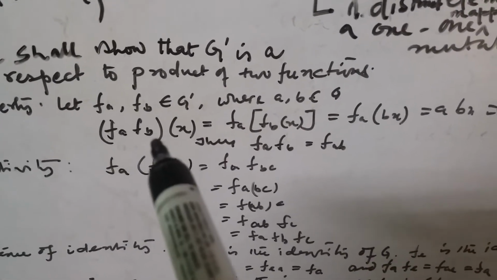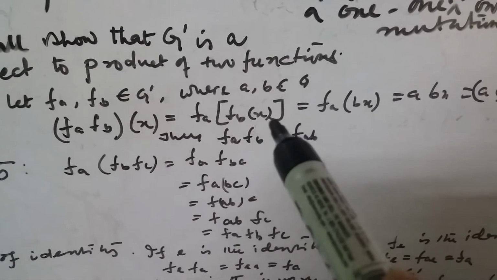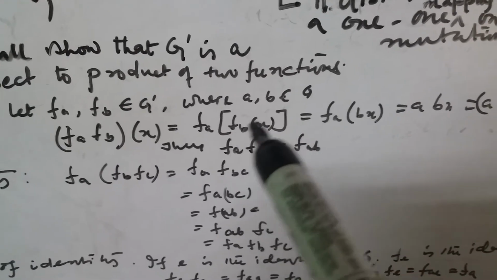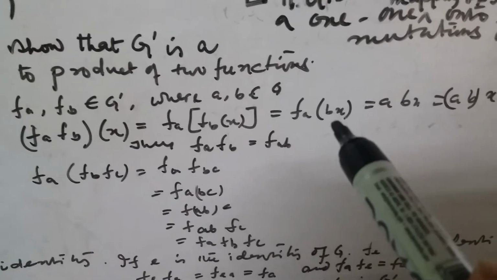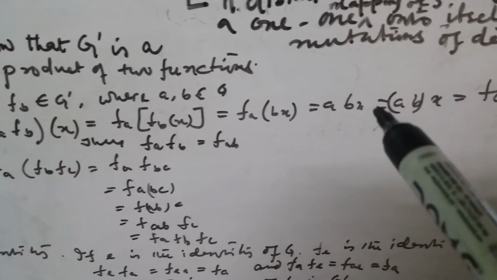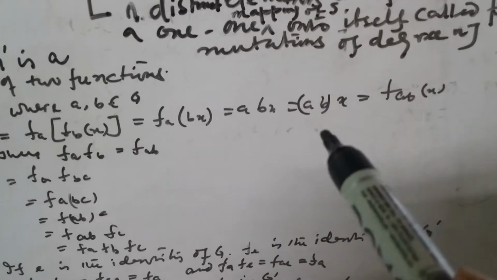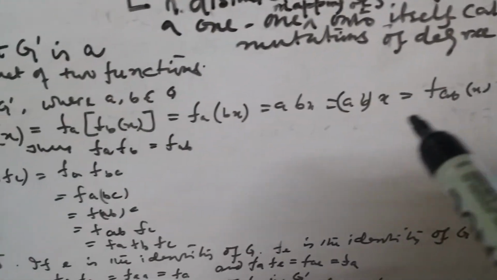So (f_a f_b)(x) = f_a(f_b(x)) = f_a(bx), which means the product a(bx). Then you can write (ab)x, so you can write f_ab(x).